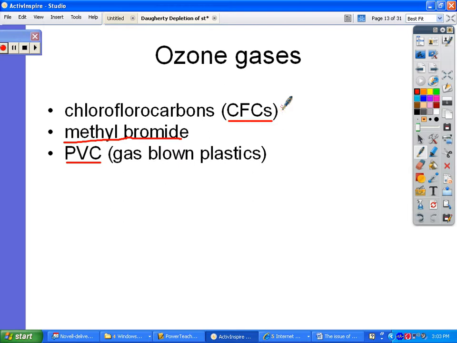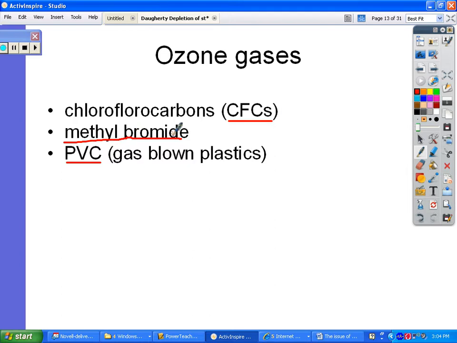Really any products that have any kind of flame retardation aspect to them can have CFCs in them. Fire extinguishers, refrigerants. It used to be in aerosols, like any kind of spray can, where the propellant had CFCs in it. In our country, we haven't had CFCs in spray cans since the 70s.